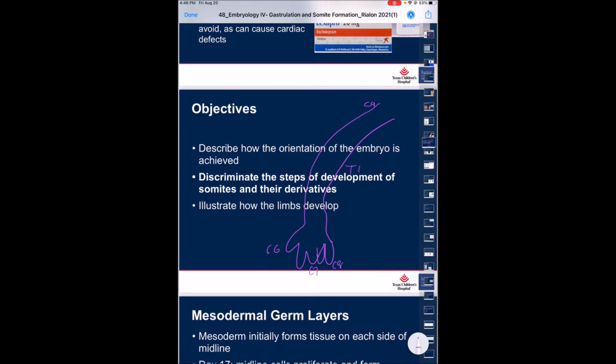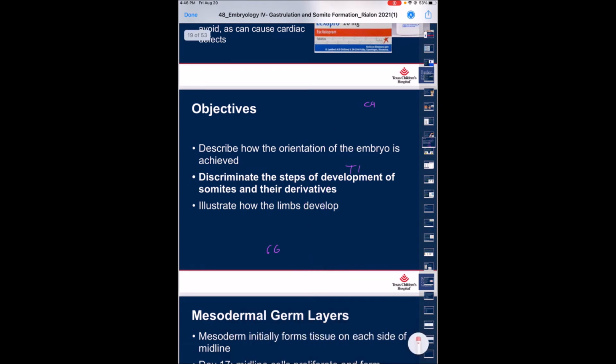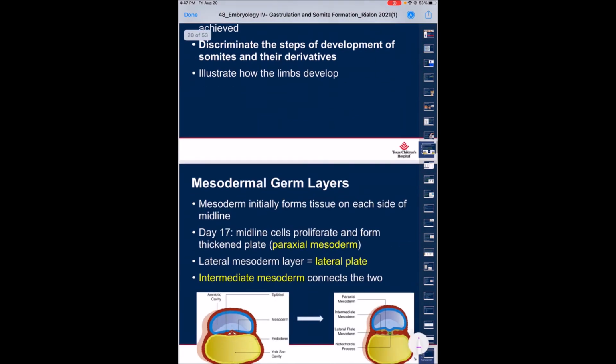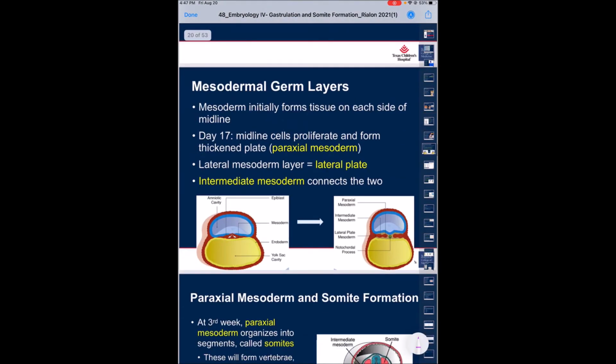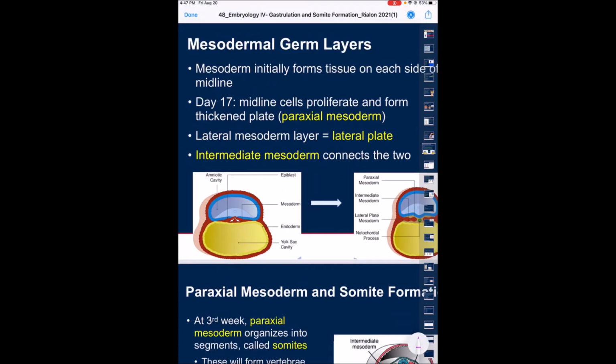Somites are basically the origin of where that comes from. Where does the dermatome come from? Where does the myotome come from? Why do different spinal nerves innervate different areas, and why does the map look the way that it does? So the beginning of this happens with our gastrulated embryo. If you remember, here's our gastrulated embryo.